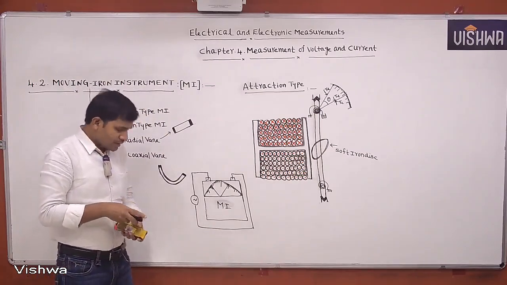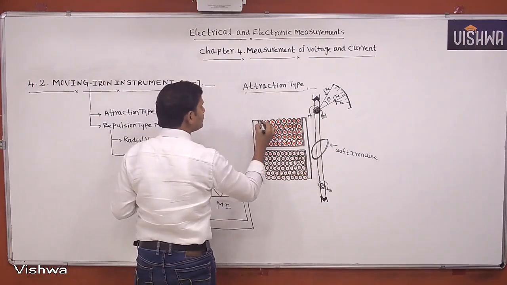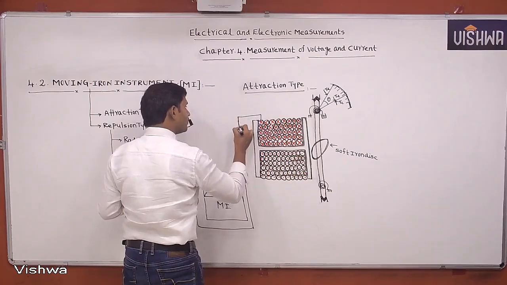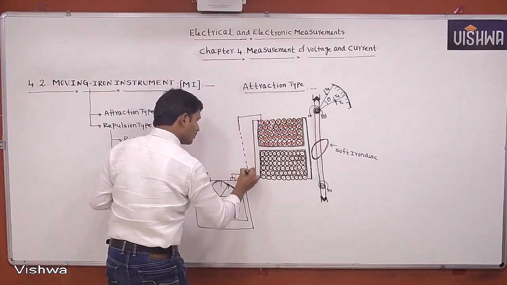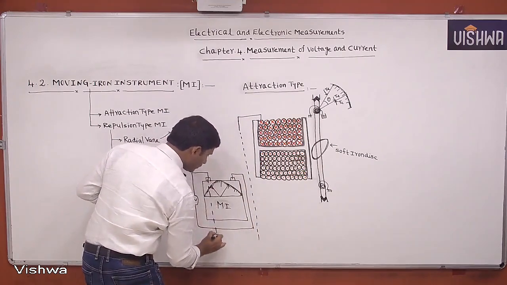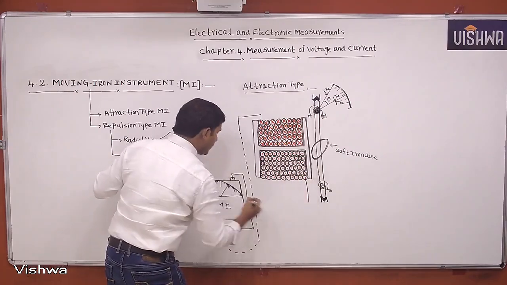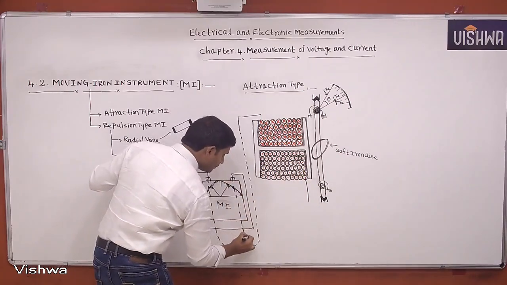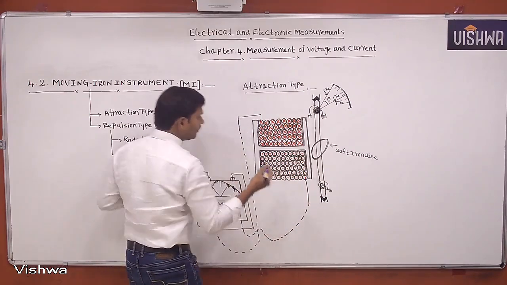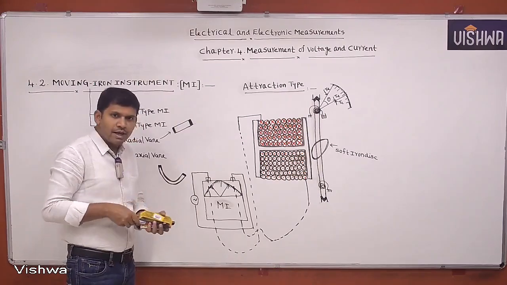Whenever the supply is switched on, there is a current flowing through the coil. Current is leaving, and the direction of current is like this.